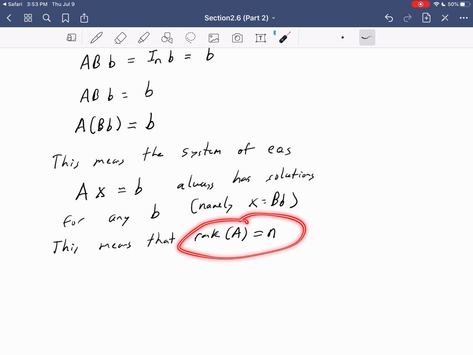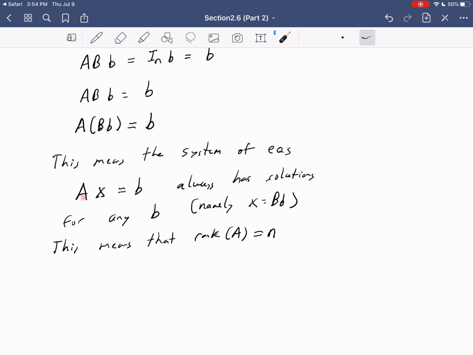If the rank of A was less than n, that would mean that there were some 0 rows in the matrix A, which would mean if we picked a b that had a non-zero value in the same row as one of the 0 rows of A, then we'd have a 0 row of A supposed to equal a non-zero value. That's impossible. But we know it always has solutions, so we know that never happens.